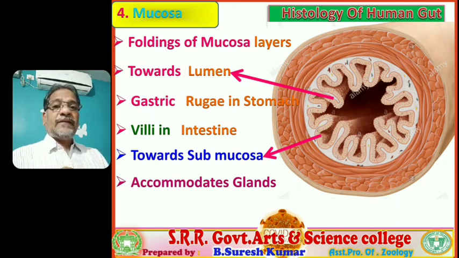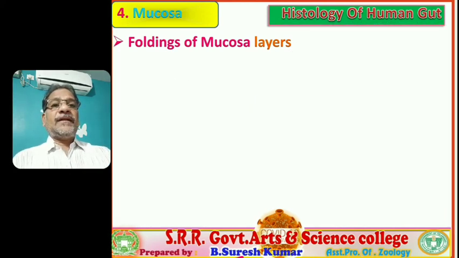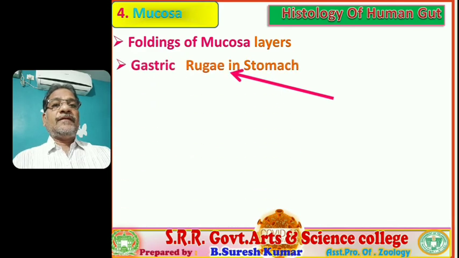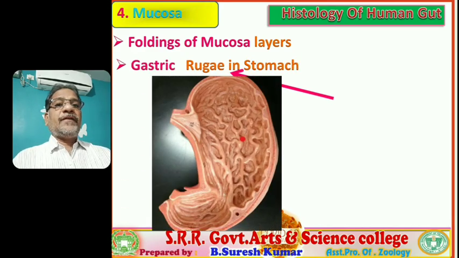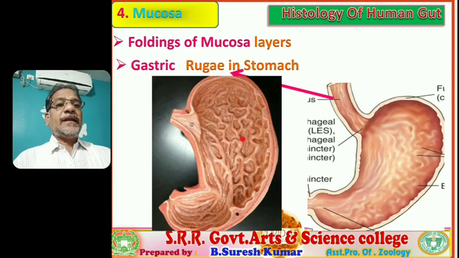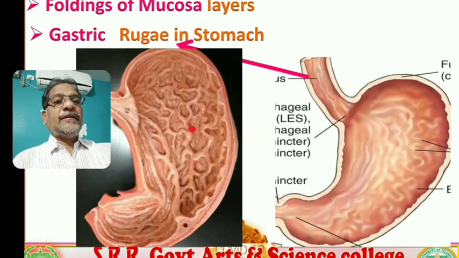One more information to you. Have you heard about Brunner glands? The Brunner glands are restricted to the duodenum. They are seated in the submucosa. So like that, the inward foldings accommodate the glands, and you observe the foldings of the mucosal layer, gastric rugae, clearly present in this visual.